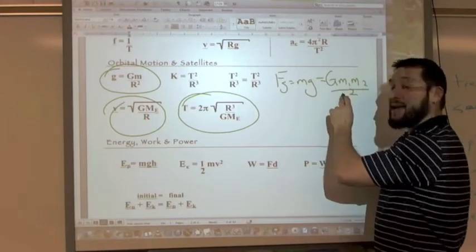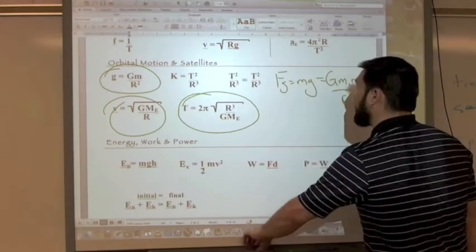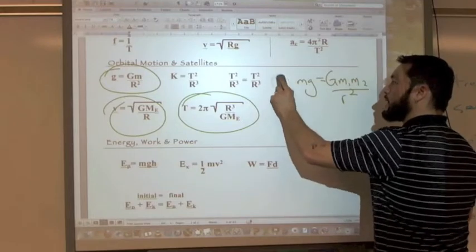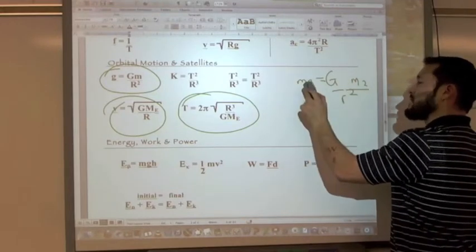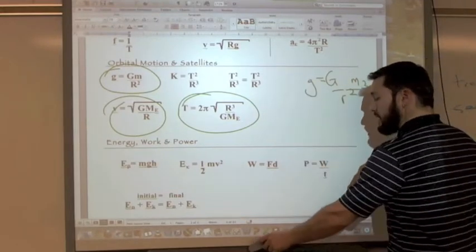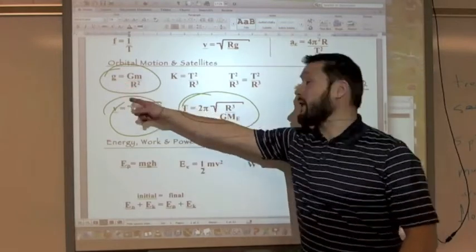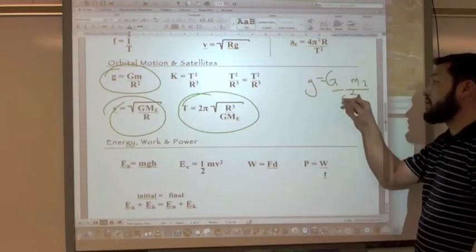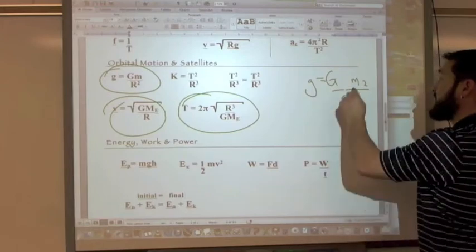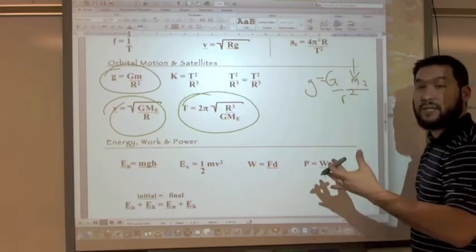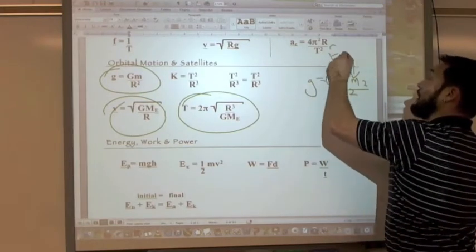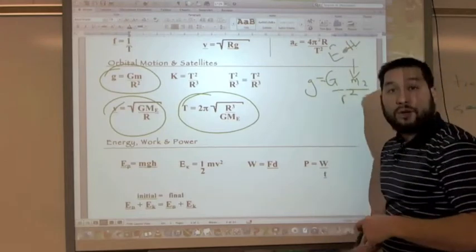Now, one of those is the mass of the Earth, the other one is the mass of the object. If you eliminate that mass from both sides, you're left with this equation here: g is equal to big G m2 over r squared. And this is the mass of whatever object is creating that gravity. The most common case is Earth.